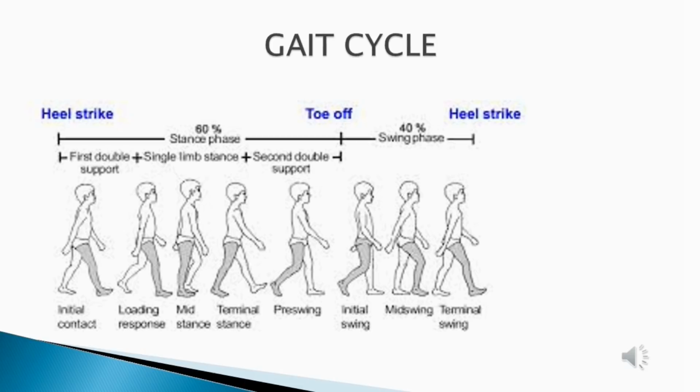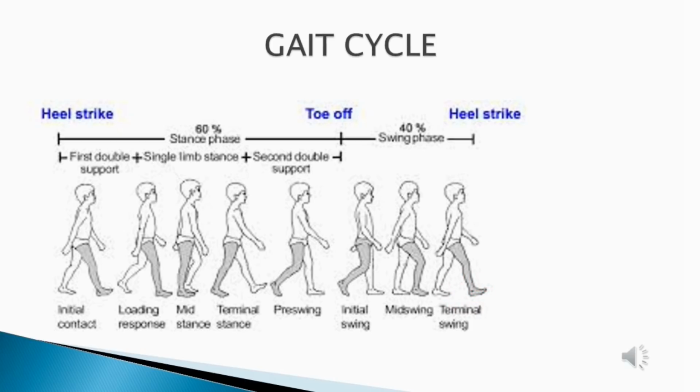And again, this diagram indicates that stance comprises 60% of the time and swing phase comprises approximately 40% of the time. So again, we see here that the gait cycle begins with the heel strike of the right lower extremity and concludes with the second heel strike of the right lower extremity, which would then initiate the very next cycle.